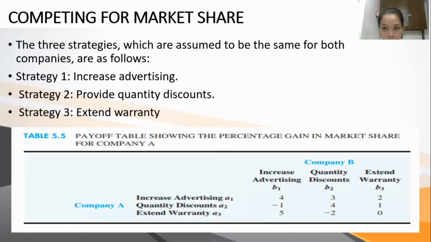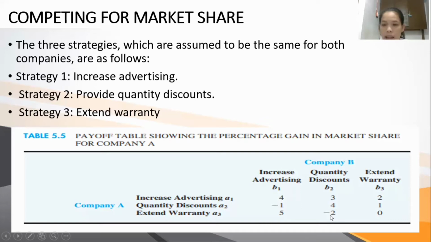On the other hand, if it is negative, like negative 1, then it will have the effect of a decrease of the market share for company A, but an increase of market share for company B.